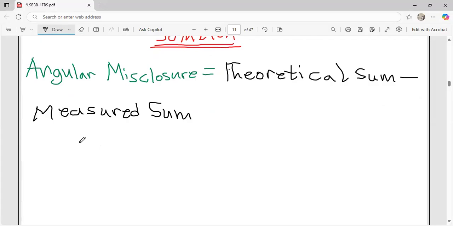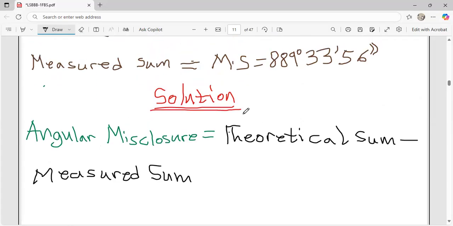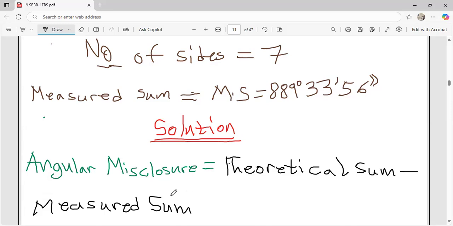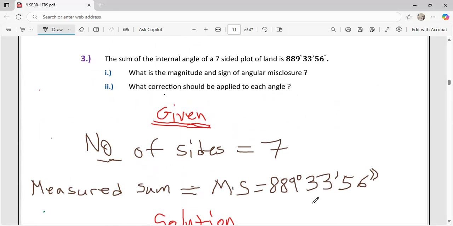From that idea, we can now say that the measured sum is known. This is it over here.